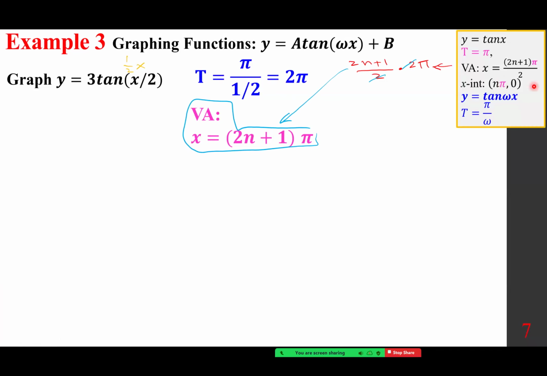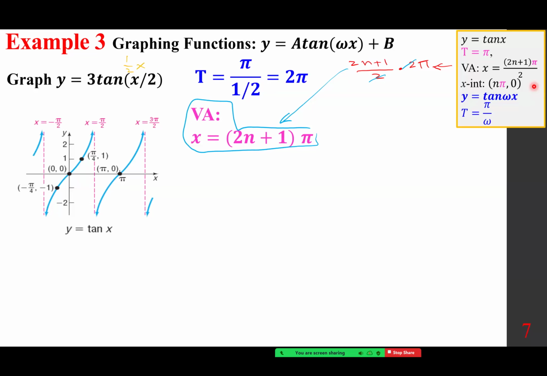Okay, so first, the basic tangent function goes from negative pi over 2 to pi over 2 because t is pi. In this case, ultimately, it's going to go from negative pi to pi, because you are stretching along the x-axis.